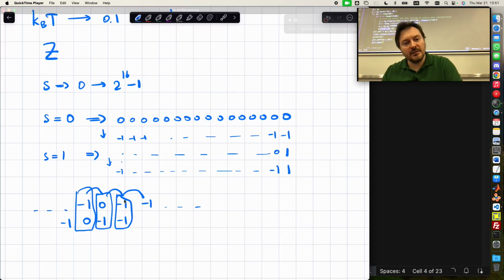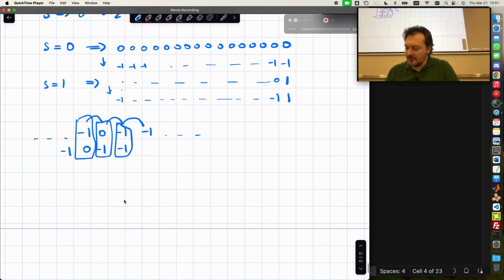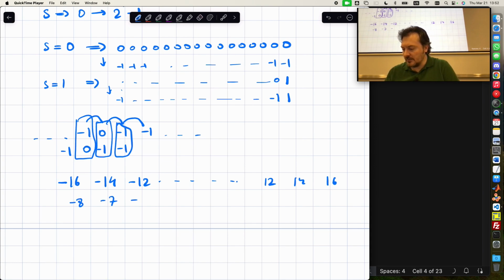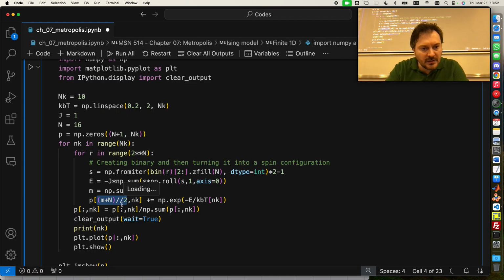So basically, the magnetization can start from being minus 16. It could be minus 14. It could be minus 12, and so on, up to 12, 14, 16. Do you agree? It divides it by 2 so that it's minus 8, minus 7, minus 6, and so on.